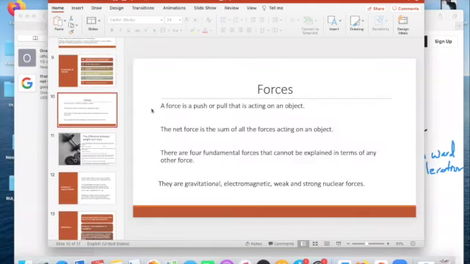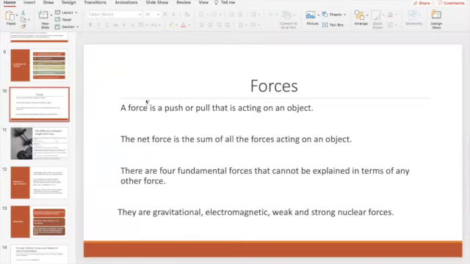All right, so next we're going to talk about forces. A force is just simply a push or pull on an object. All right, and the net force is the sum of all the forces acting on that object. And there's different types of forces. You have 4 fundamental forces.